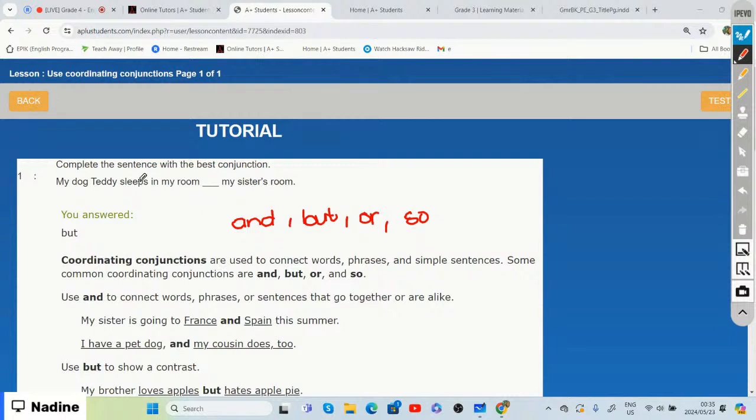All right. Remember, if we can say that my dog sleeps in my room, it's almost like the dog has a choice, or my sister's room. But okay, we can also say and my sister's room, because then it shows that the dog sleeps in my room or the dog sleeps in my sister's room, right? But I think we just use the conjunction or, because then it shows a choice. So we're going to go with or.